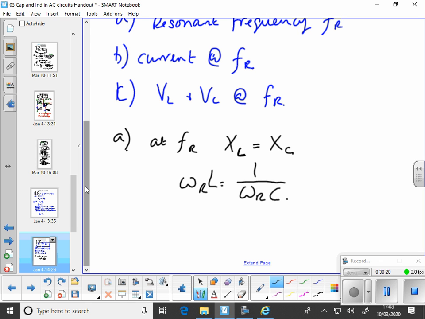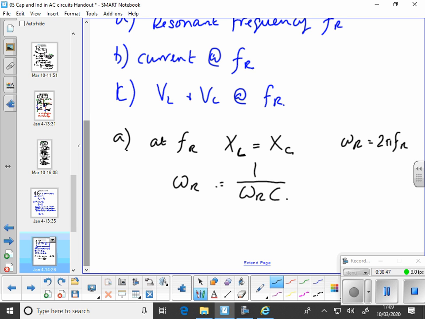Now, how can I get that L over to the right hand side? No, this is omega resonant, what omega is at the resonant frequency. Remember, we know that omega resonant is equal to 2 pi f resonant.